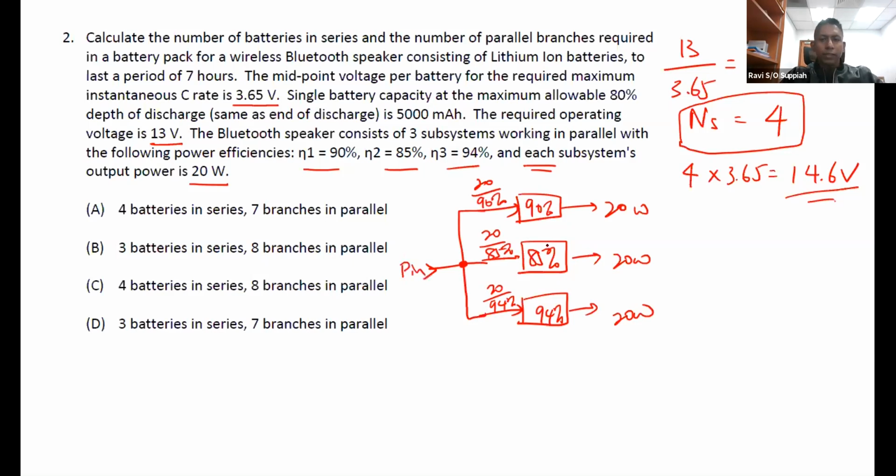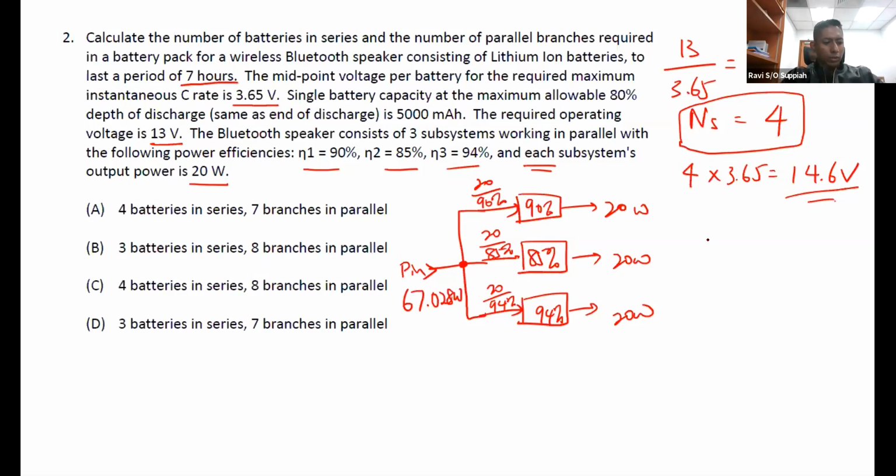So when I add up everything together, I'll get an input power of 67.028 watt. That is the input power, and we need to make sure it lasts for 7 hours.